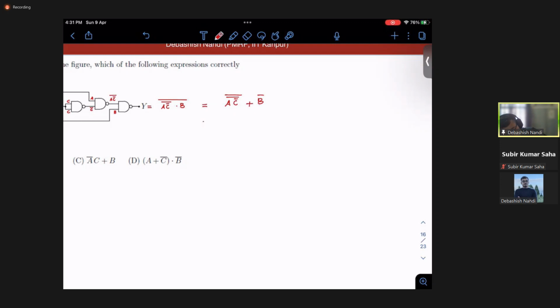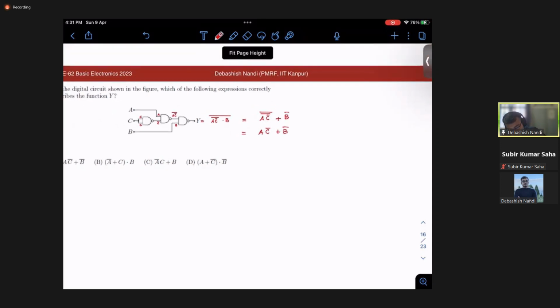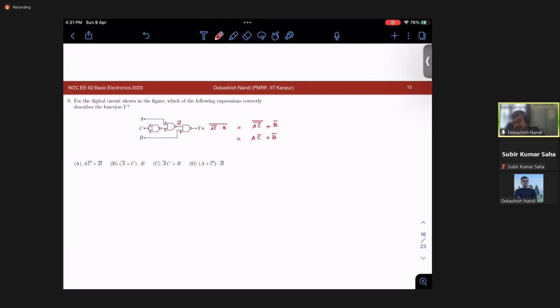What will be this? This NOT will cancel. A C bar plus B bar. So your right answer is A. This is pretty simple. You just need to check what is just at the input of the gate, what is the value of this input signal. So this is how you do it.